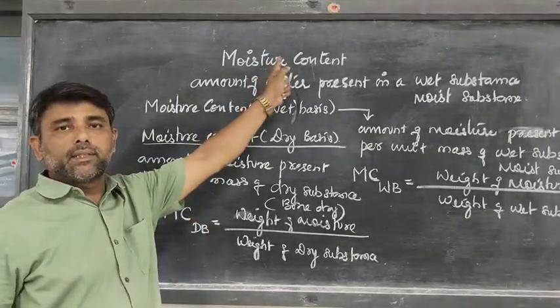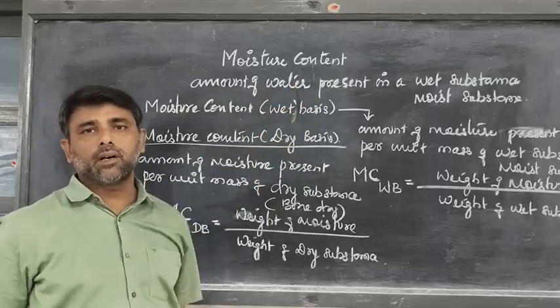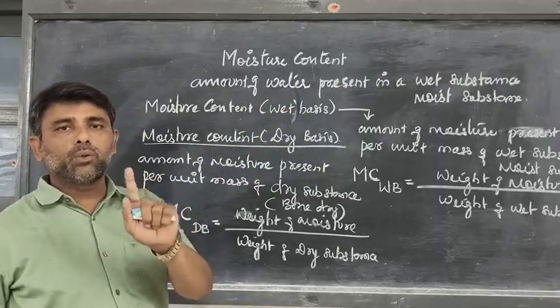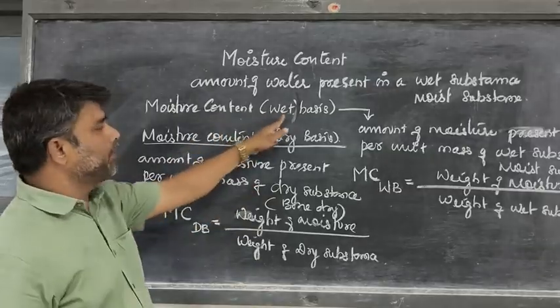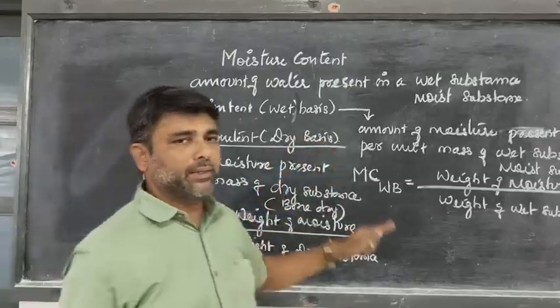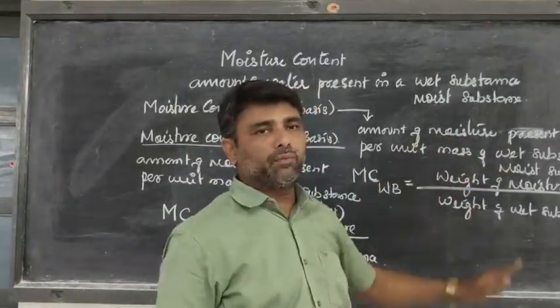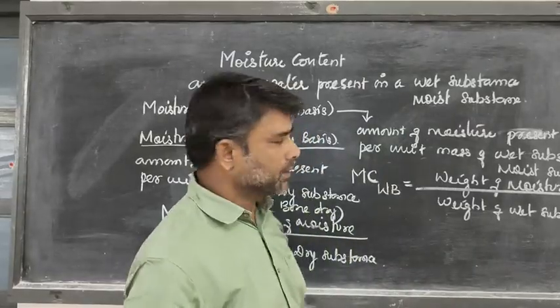So moisture content is nothing but amount of water present in the wet substance or moist substance. It is classified into two types. One is moisture content wet basis, another one is moisture content dry basis. Moisture content wet basis means amount of moisture present per unit mass of wet substance or moist substance.